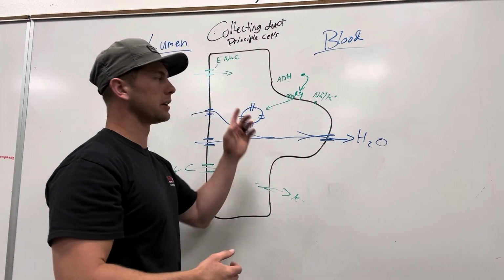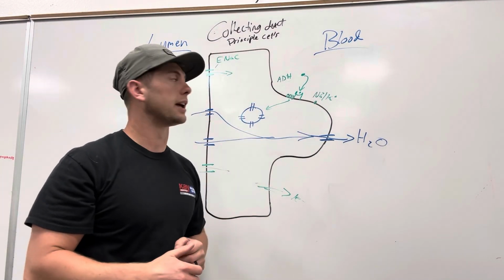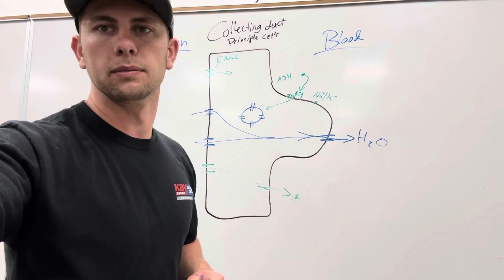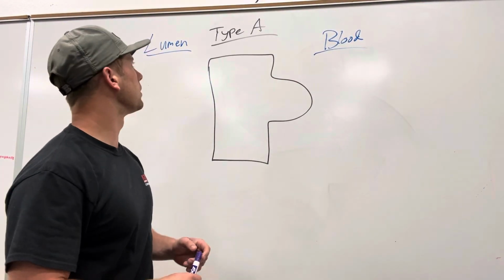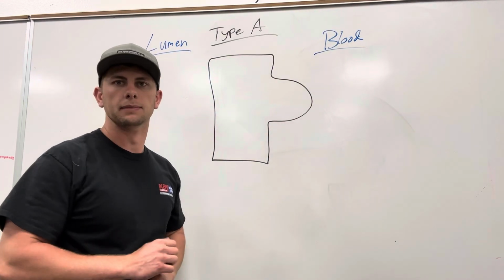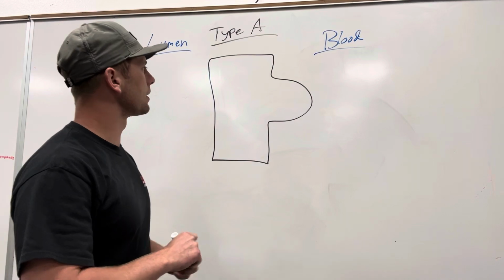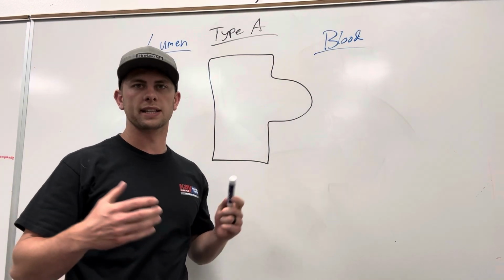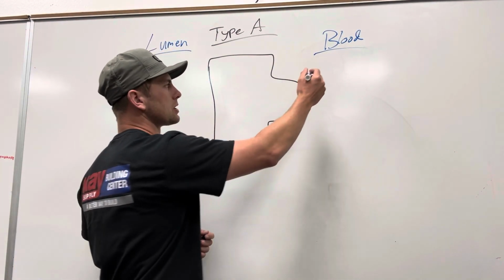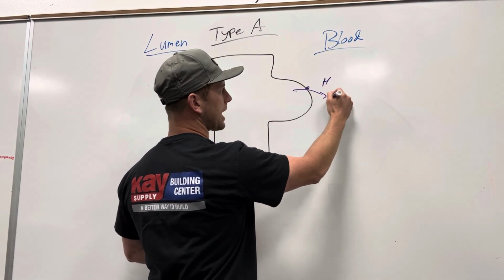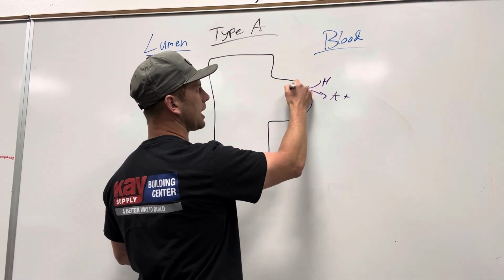And then next we're going to talk about type A and type B cells in this collecting duct. Okay, now we're going to talk about intercalated cells in the distal duct or collecting duct. So type A cells, they do work when we're acidic. So if we have too many H's in the blood, what's cool is we have these channels where potassium will come out and bring an H in.